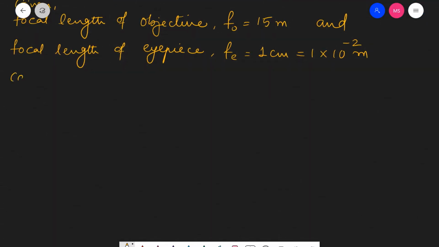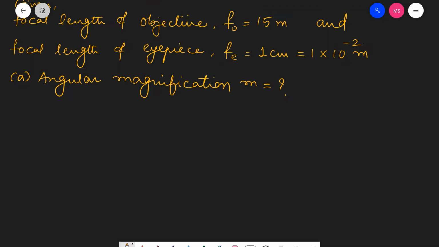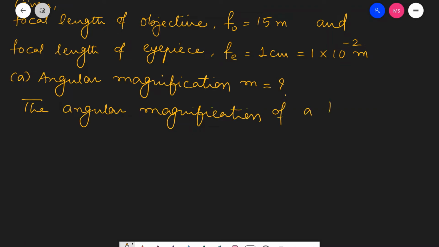Now in first case A, we have to find angular magnification m. So the angular magnification of a telescope is given as m equals Fo by Fe.